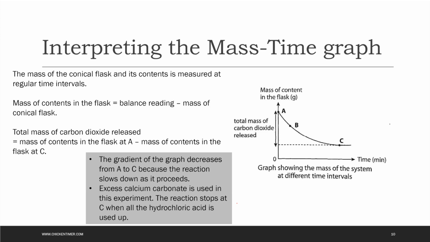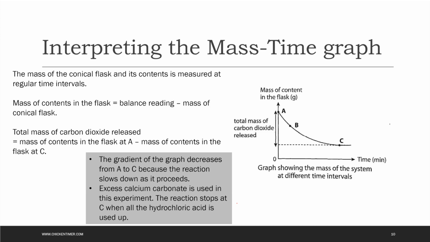If you just want the mass of the chemicals inside the conical flask, you take the total reading of the balance minus the conical flask mass. Then to get the mass of carbon dioxide released, you take the initial mass of the contents minus the final mass. So that is just how you get the numbers.